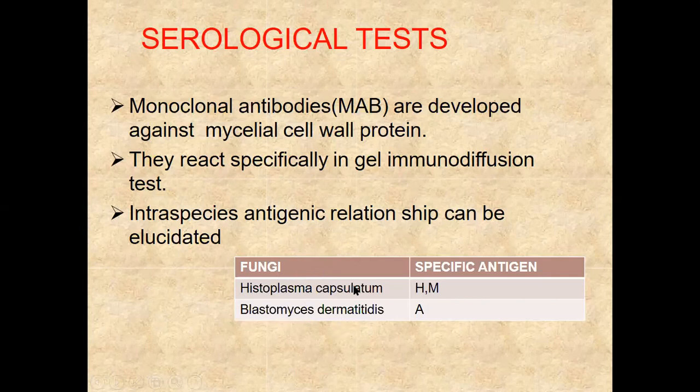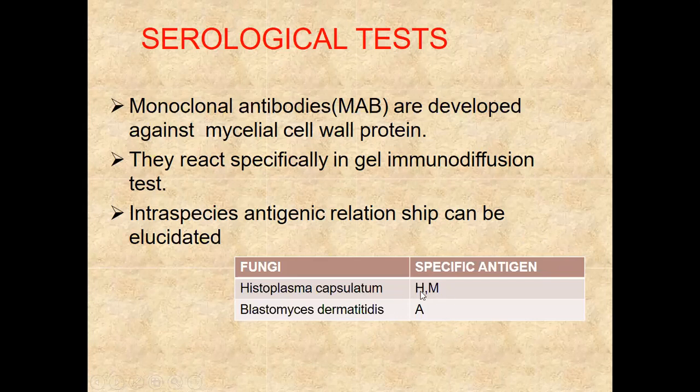For this type of fungal organism, we use a specific antigen called the H and M antigen, and for Blastomyces, we use a specific antigen called A. If these antigens are added to the serum of the specimen we have collected, and the antigen binds to the mycelium of this fungal organism, then the test will be positive.